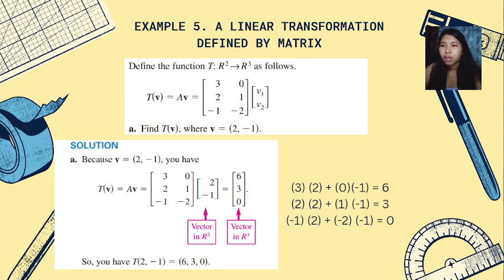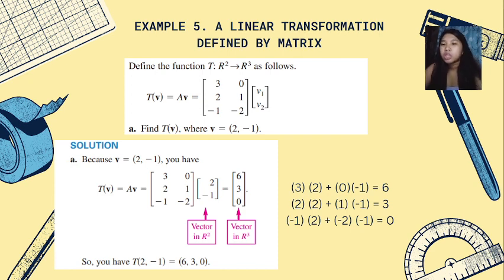So since we already have the value of our vectors, which is v1 is equals to 2 and our v2 is equals to negative 1, we will come up with tv is equals to ab is equals to 3, 0, 2, 1, negative 1, negative 2, tapos yung vectors in R2, which is yung 2 and negative 1 nga.